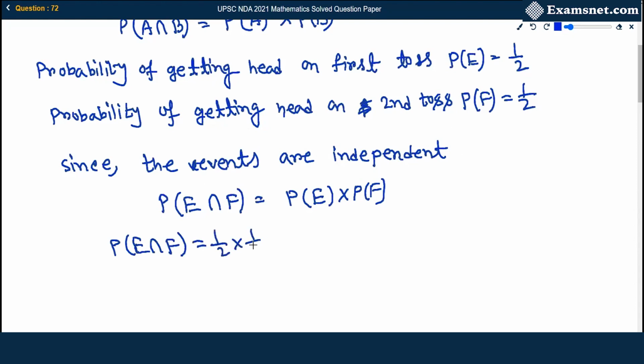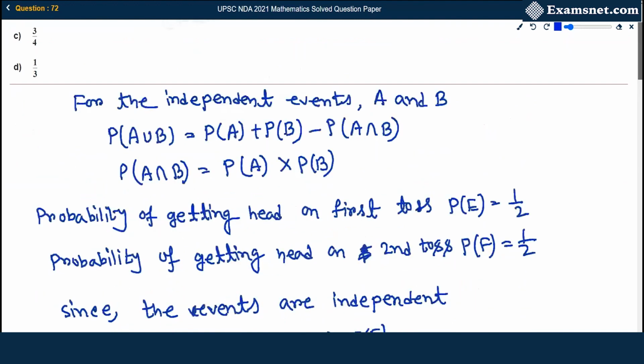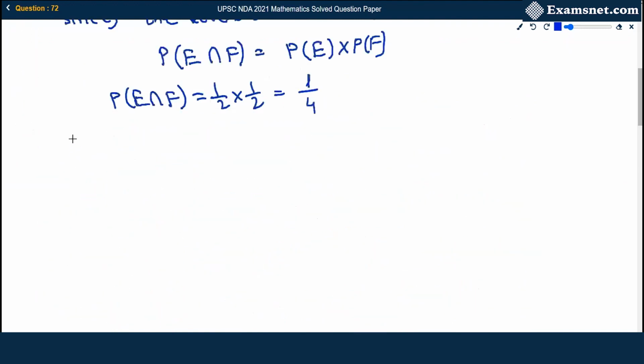Half multiplied by half, that is 1 by 4. So here we are asked to find the probability for E union F.